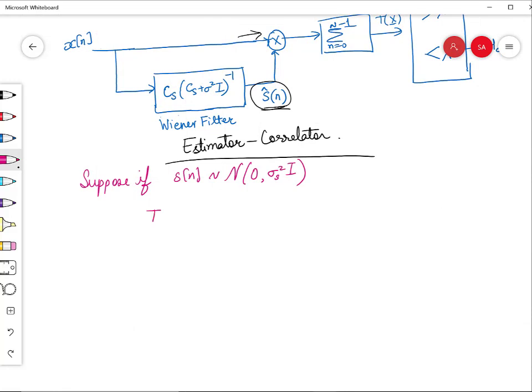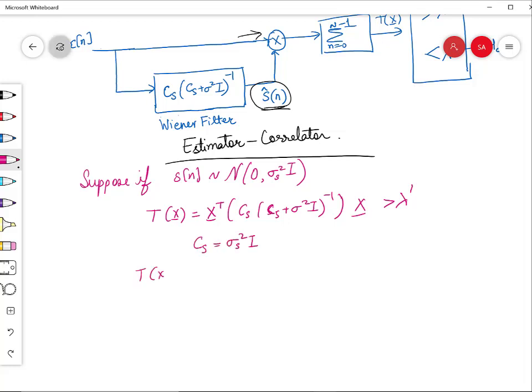Then the test statistic T of x is x transpose (Cs plus sigma square I) inverse times x greater than lambda dash. How does this change? I can replace this Cs with sigma s square I. So T of x becomes x transpose (sigma s square plus sigma square) I inverse x.